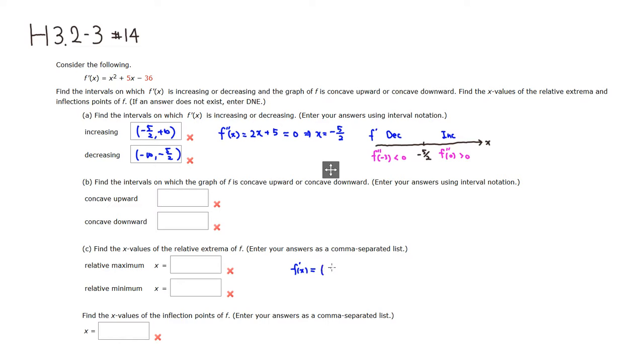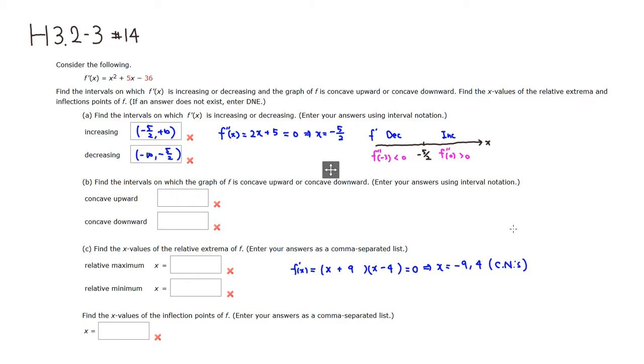I'm going to factor this out. You have x and x, so it's going to be plus 9 and minus 4. If you set that equal to 0, we know that x is equal to negative 9 and positive 4. So those are the critical numbers.